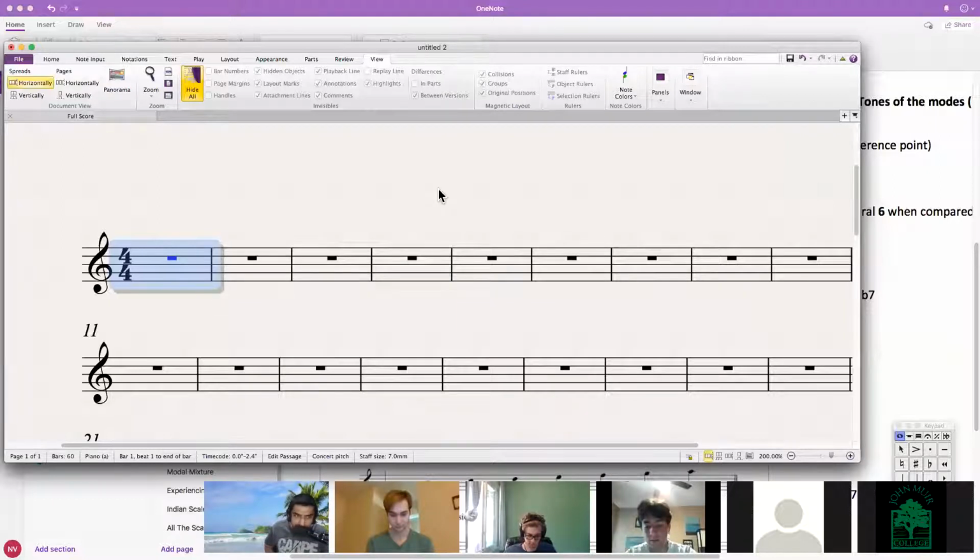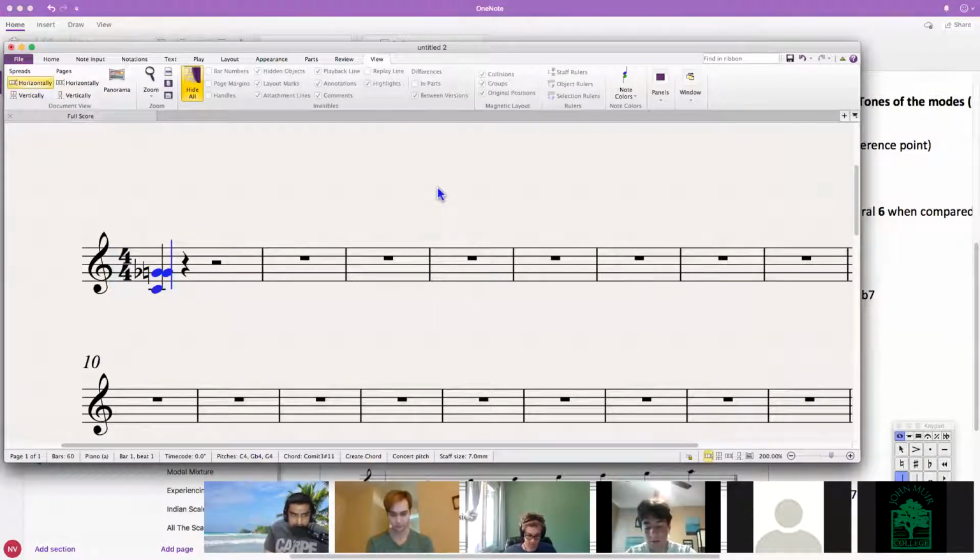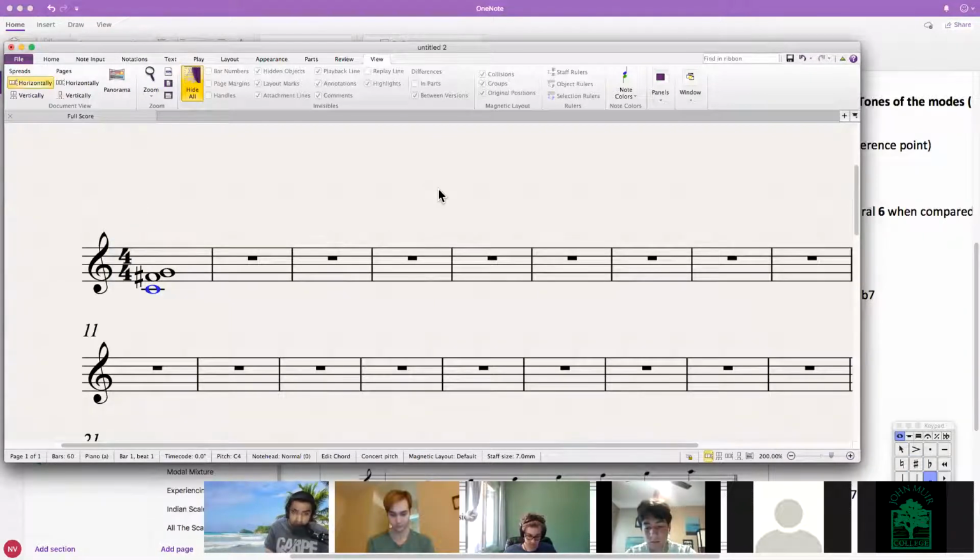So if we're starting on C, this is a way, I'll do it like this. This is the Maria chord. Have you seen Maria?